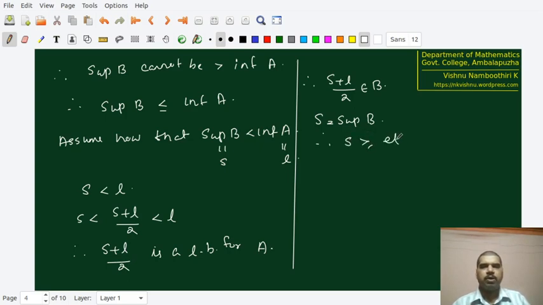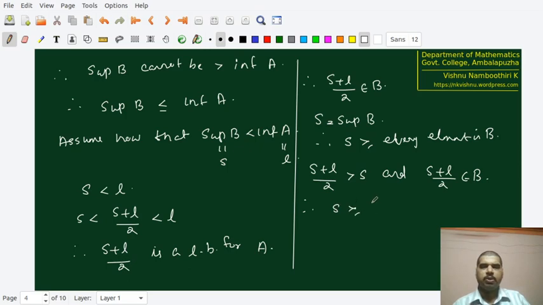or equal to every element in B. But here we are getting (S plus L)/2 greater than S, and (S plus L)/2 in B. Therefore, S greater than or equal to (S plus L)/2. But these two statements cannot happen together, and this is a contradiction.